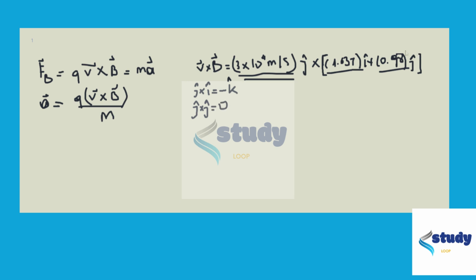So the second term is not going to have any contribution to the force, which means V cross B then is going to be equal to 3 times 10 to the power of 4 meters per second times the X component of the magnetic field, 1.63 Tesla, times negative K hat.